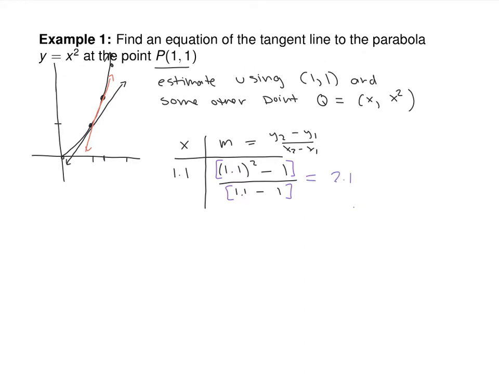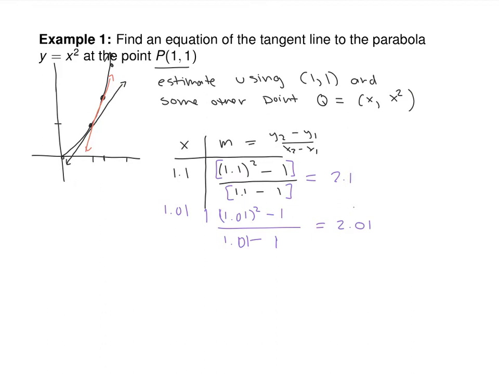Okay, what's an even closer number than 1.1? 1.01. Exactly. So the point is you can get closer and closer, picking things that are closer and closer to 1. And so for this next one, we do 1.01 squared minus 1 over 1.01 minus 1. And I think that gives you 2.01.